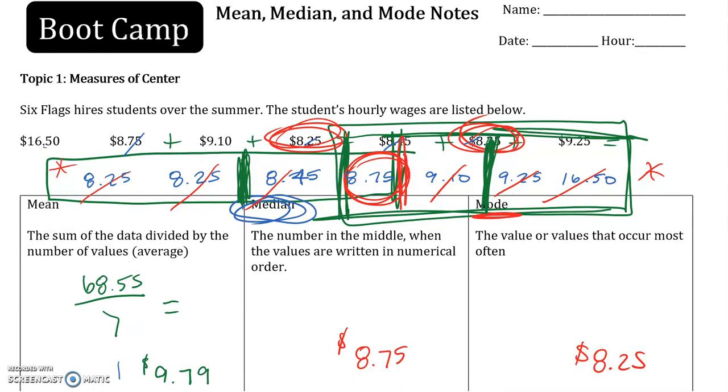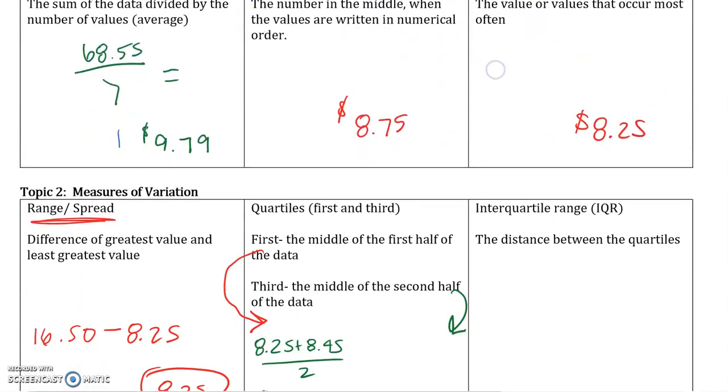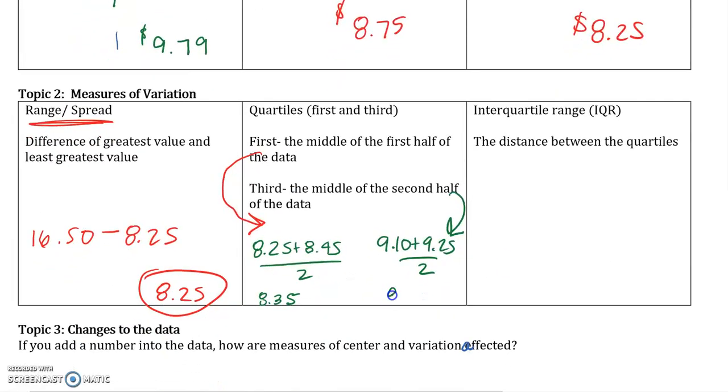So you just add them up and divide by 2. And you get 9.175. Again, since we're dealing with dollars and cents, I will say 9.18. We'll deal more with quartiles when we're talking about box and whisker plots in our next section.